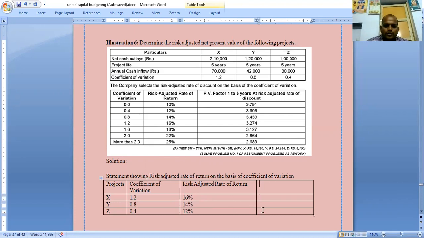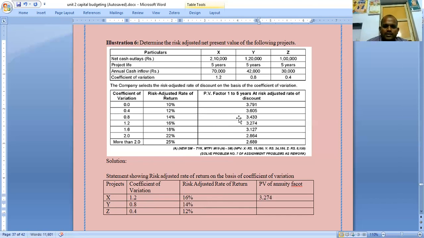Okay, so the PV of annuity factor of the respective risk-adjusted rate of return. At 16 percent, the PV factor is 3.274.